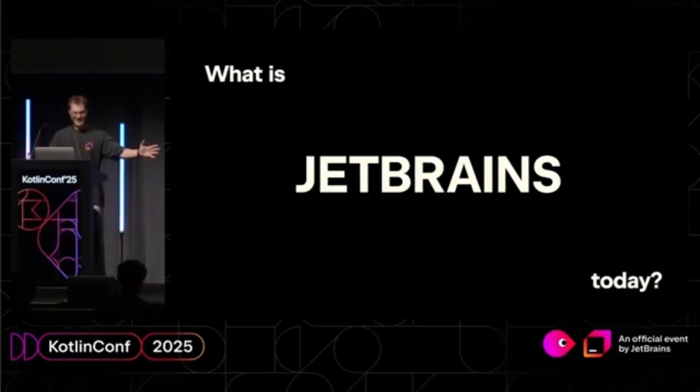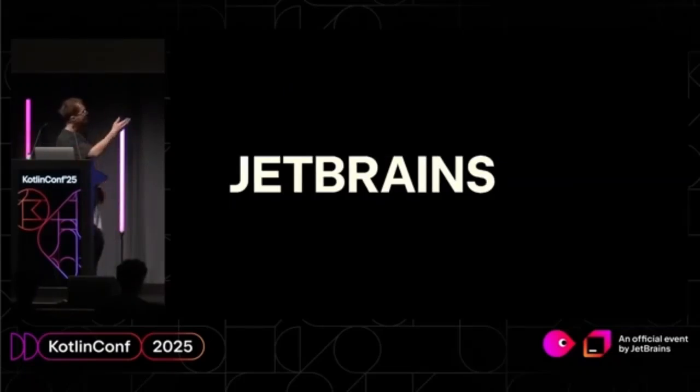So you may ask, what is JetBrains doing today? And to answer this question, I would like to bring all of your attention to the center of the screen. And I mean the very actual center of the screen. And you will see the answer. AI. During the last 2 years, JetBrains has been heavily focusing on AI.